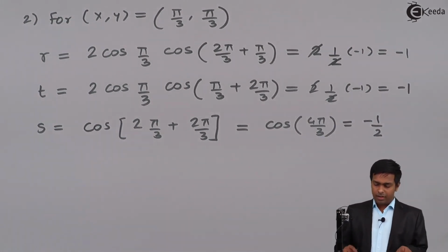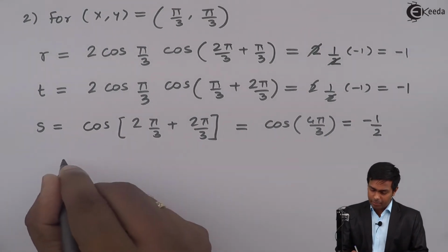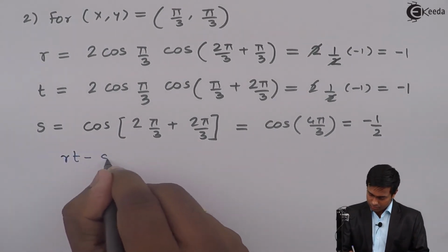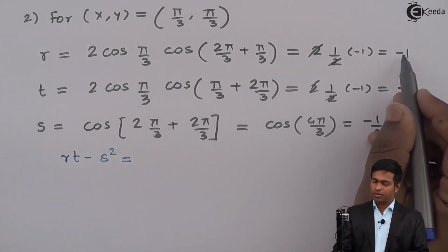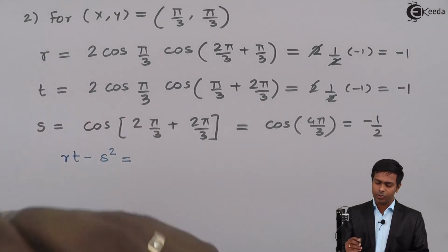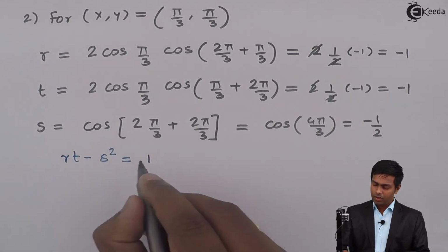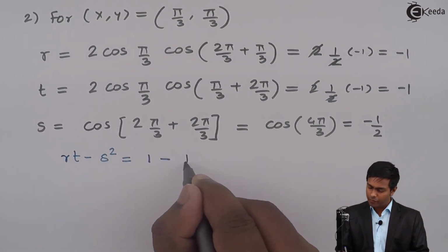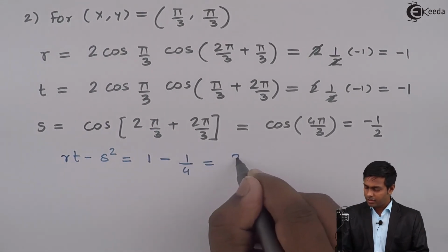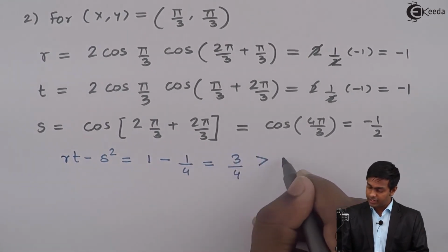And now we'll find out the value of RT minus S square. So here we will get minus 1 into minus 1, that is R into T, which is 1, middle sign minus S square. So square of this is 1 by 4. So here we'll get 3 by 4, which is greater than 0.